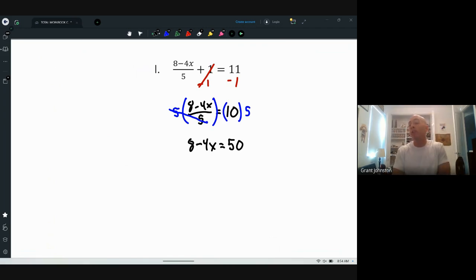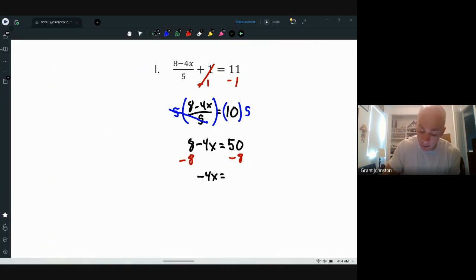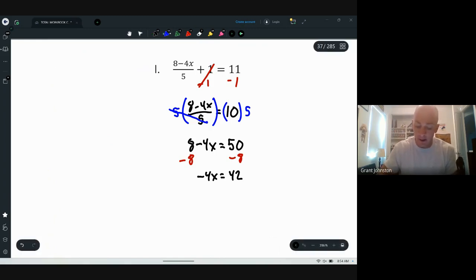So now I have my two-step again. I have a positive 8. What I'm going to do is take away that 8 by subtracting 8. So now I have a negative 4x equals 42. To isolate the x, divide by negative 4.